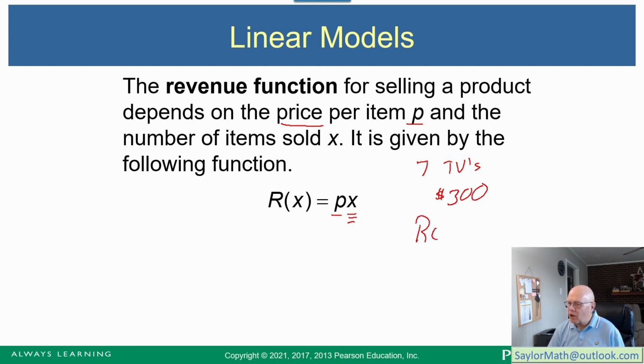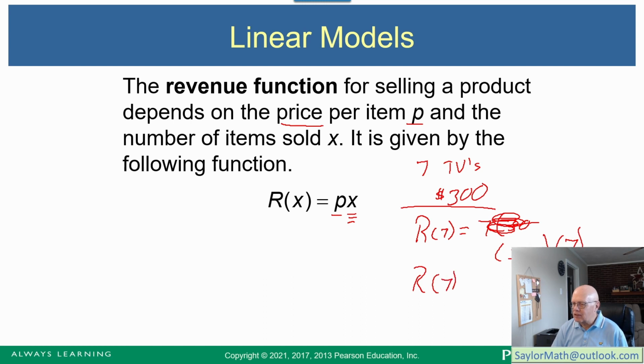Your revenue from the 7 TVs would be 7 times 300. Actually, if we go by this, put it this way: the price of each one times how many we're selling. So our revenue from selling the TVs would be $2,100. That's how the revenue function works.